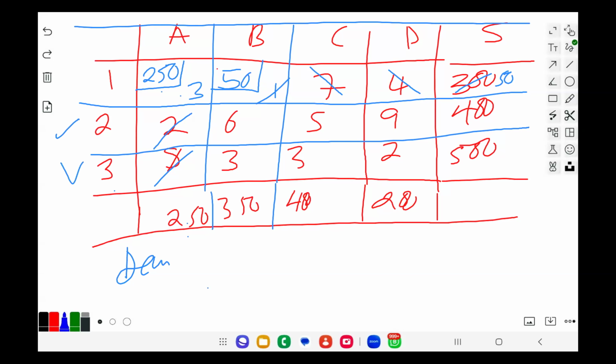Then when it comes to the supplying, let's get back to the row where we have the supplier. The supplier is supplying 300, but he has just managed to supply.